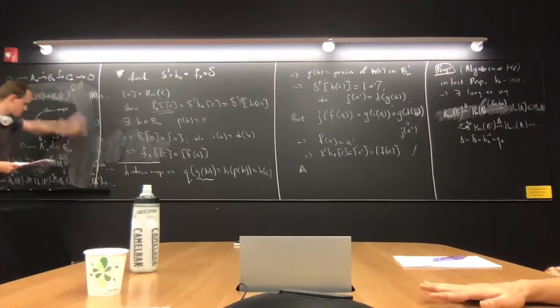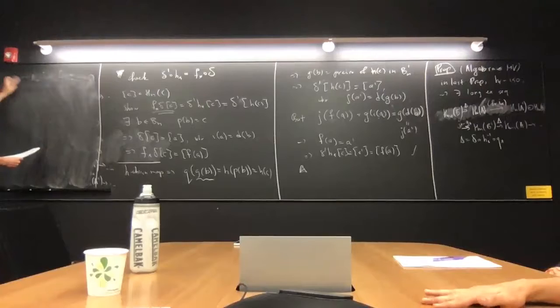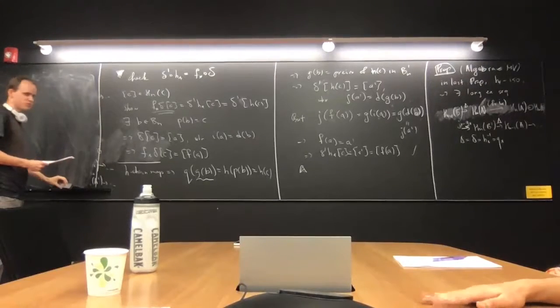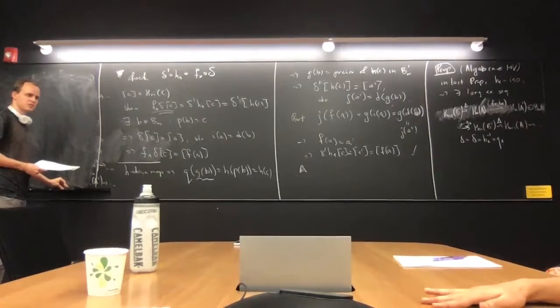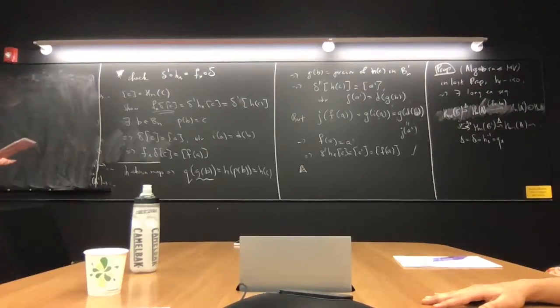Okay. So now I'm going to demystify what we did before when proving the Poincare lemma with the homotopy operator. So let's see how you would define a homotopy algebraically.